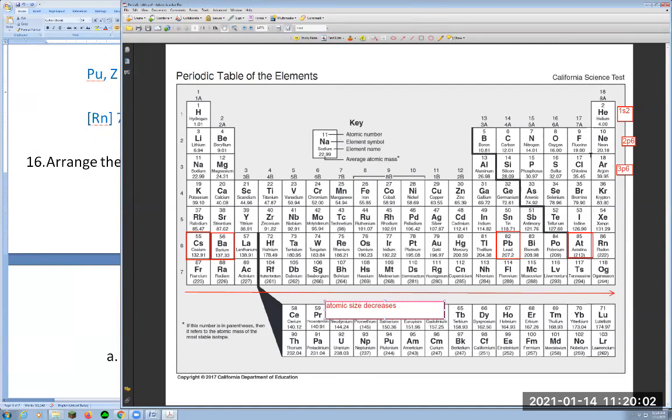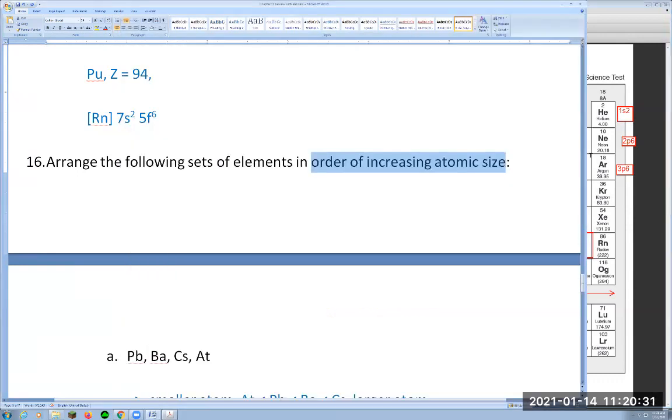And remember how the size of an atom is due to the valence shell, right? It's the electrons that determine the size of the atom, by filling shells. And the valence shell, which is the outermost shell, will determine the size of the atom. And then it's held more strongly by the nucleus, the more protons you add into the nucleus. So the size is actually decreasing from cesium to astatine.